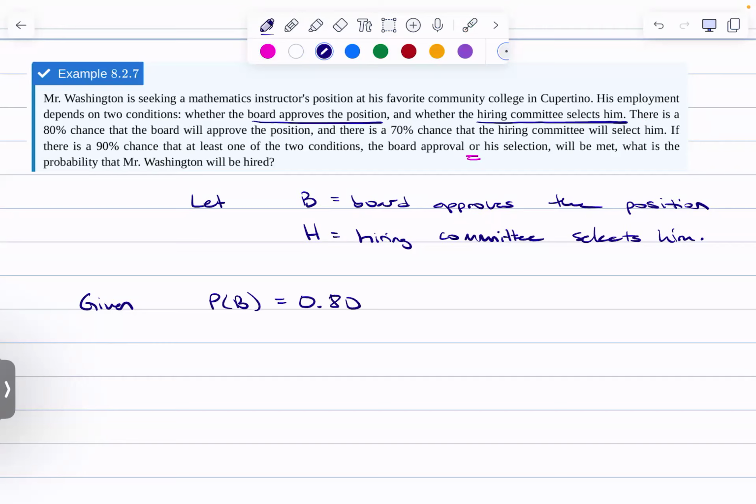Remember, probabilities have to be between 0 and 1, so you don't want to use 80, even though in our writing we usually use percentages, but for our math we want to use decimals. Next piece, there's a 70% chance that the hiring committee will select him. And so that's going to be the probability of H, which is 0.70.